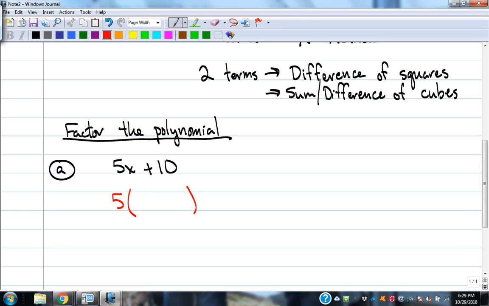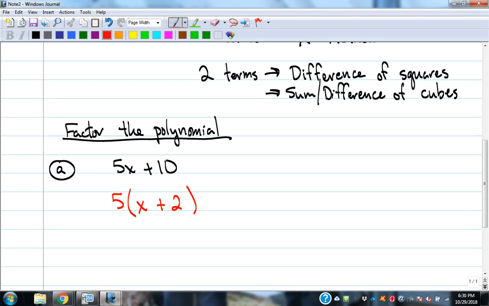What times that 5 gives me 5x? 1 and an x, right? 5 times x is 5x. What times 5 will give me a plus 10? A positive 2. A plus 2, if I distribute it back out, gives me a plus 10. I have factored out the GCF of that problem.